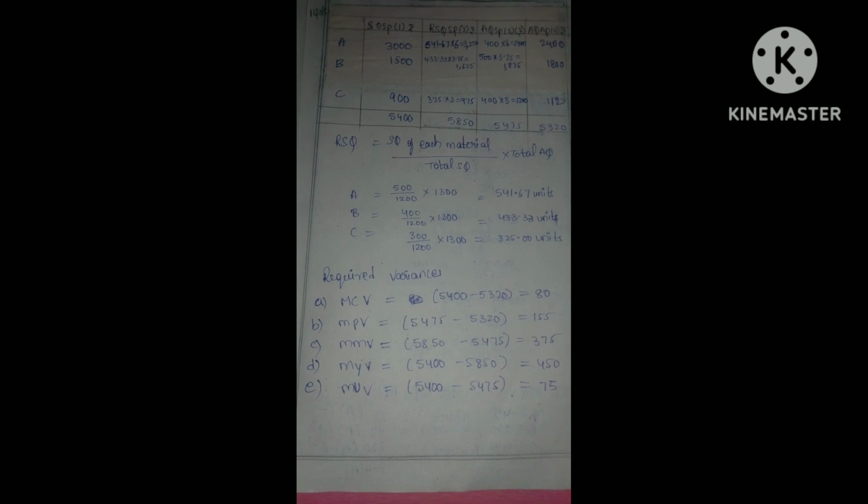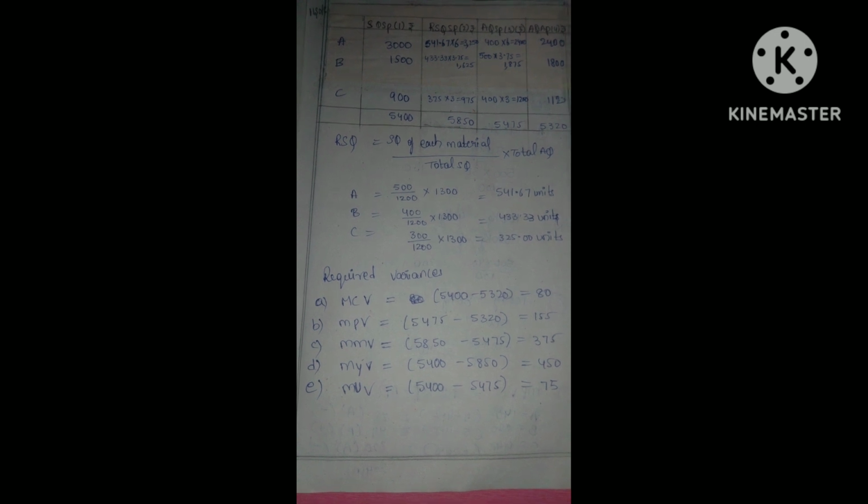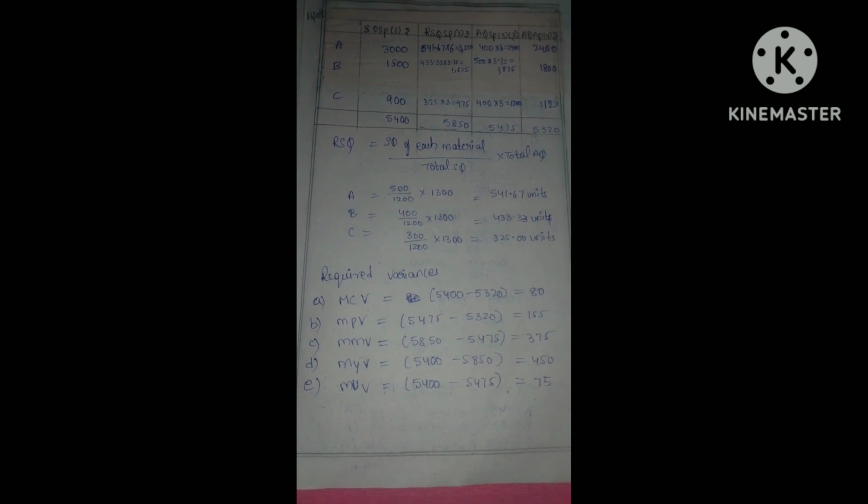So 400 divided by 1200 into 1300, we will get 433.33 units. Now for material C, standard quantity is 300 and total standard quantity is 1200 and the total actual quantity is 1300. So 300 divided by 1200 into 1300, we will get 325.00 units.